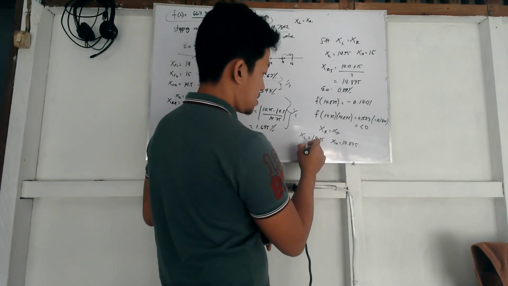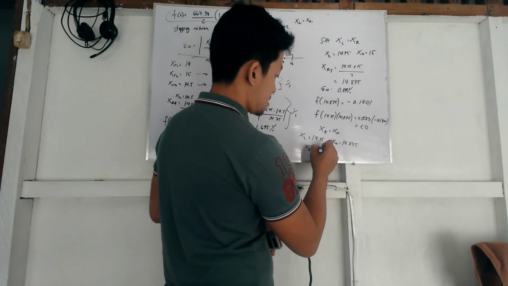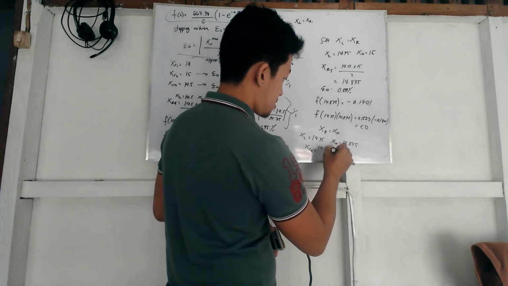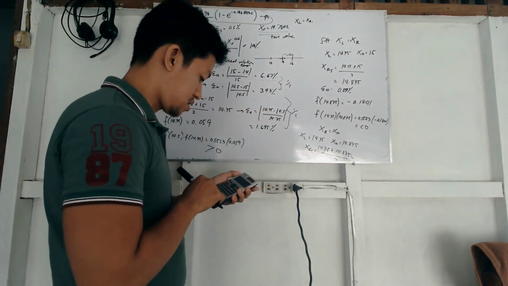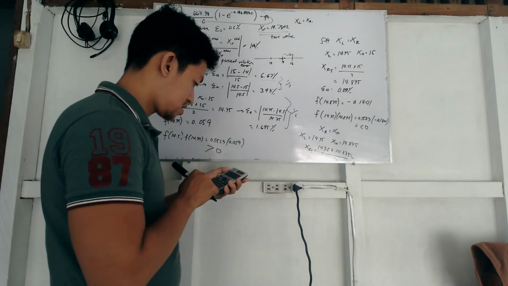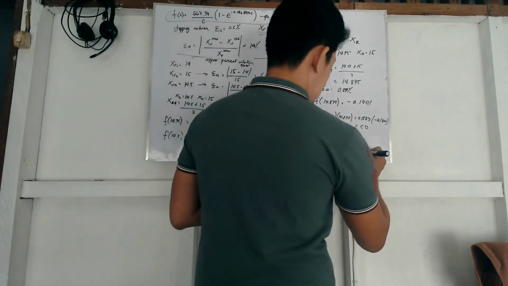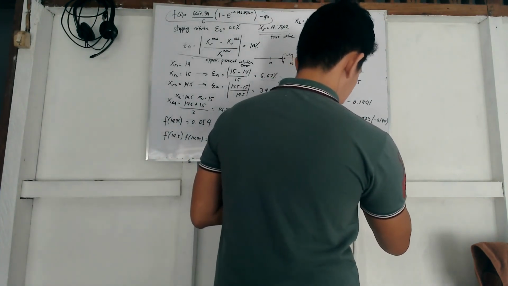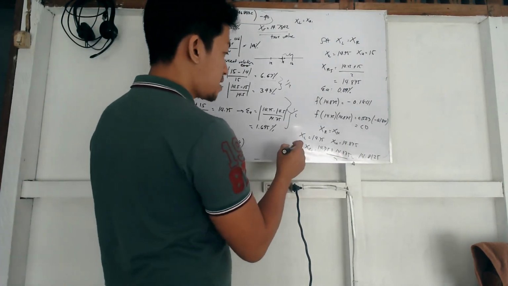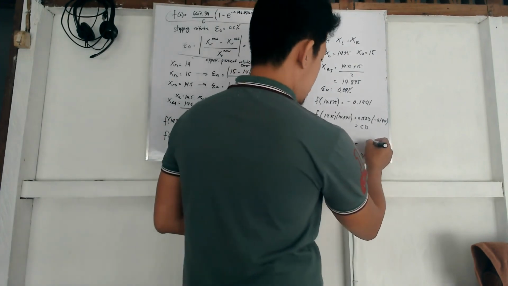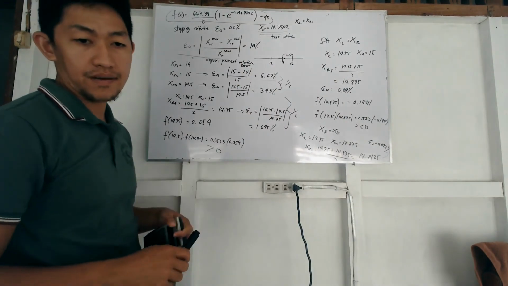Therefore, our new XR6 is 14.75 plus 14.875 divide 2. So ang answer na is 14.8125. Okay? So i-check na tong error. Ang error na is 0.422%. So less than 0.5%.